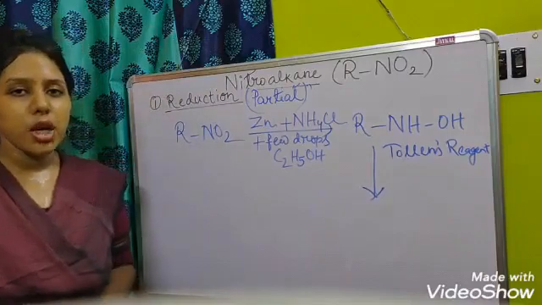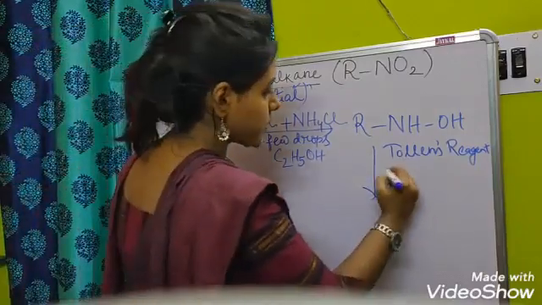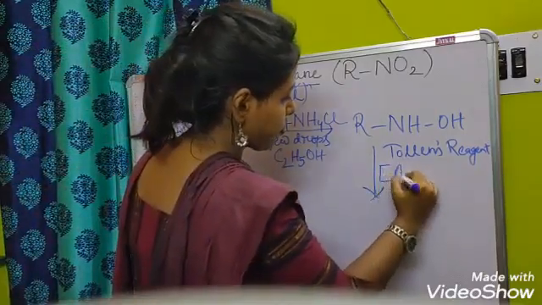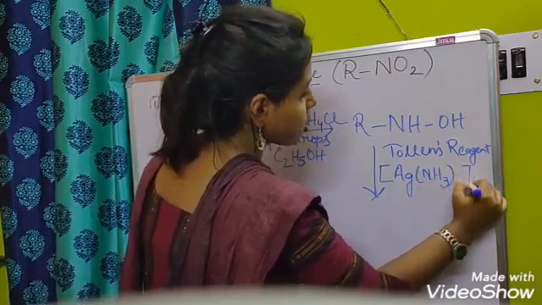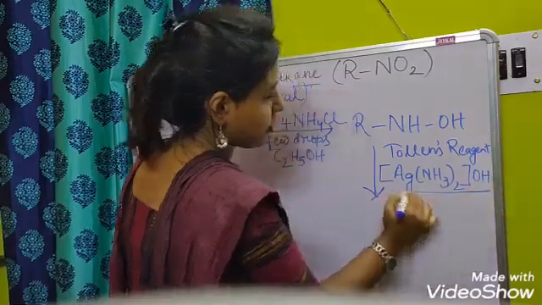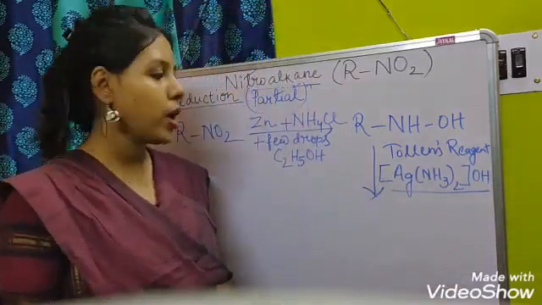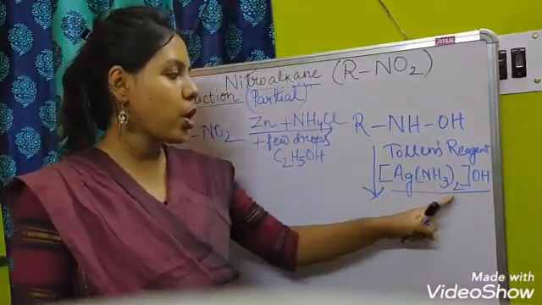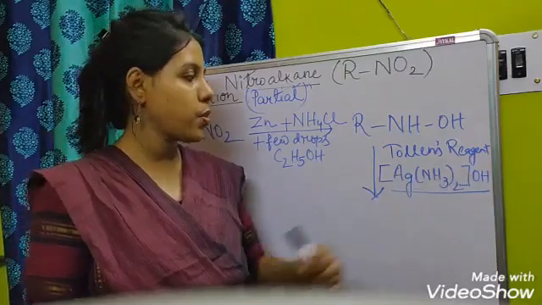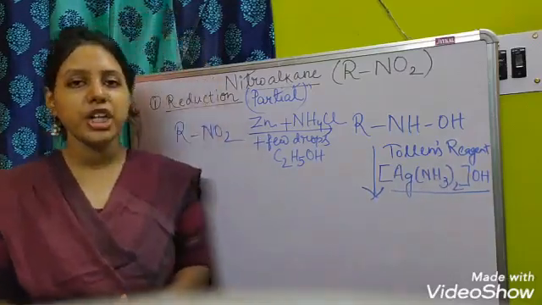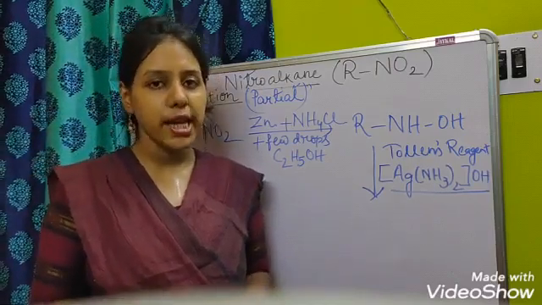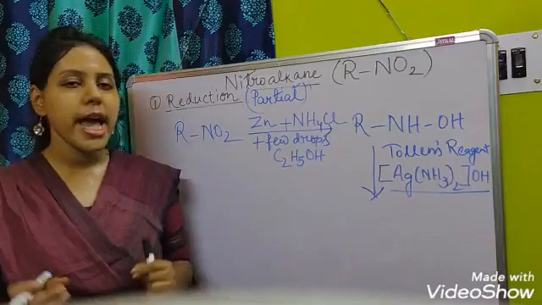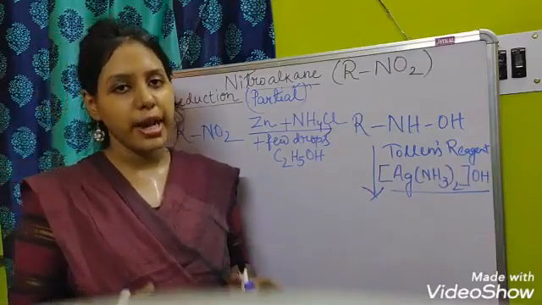So what is Tollens reagent? Tollens reagent is ammoniacal silver nitrate solution that has the formula AgNH3(OH). This one is obtained by a reaction between silver nitrate and ammonium hydroxide, and that's why it is called ammoniacal silver nitrate.